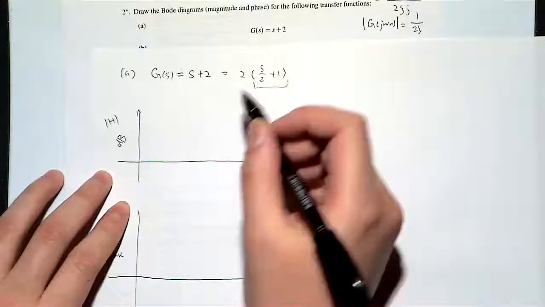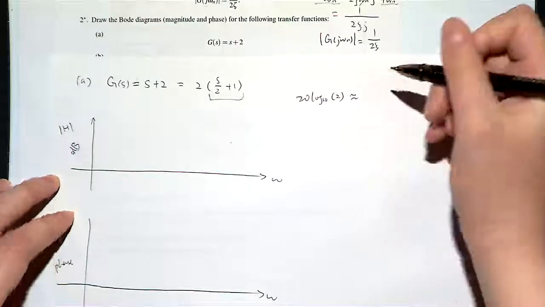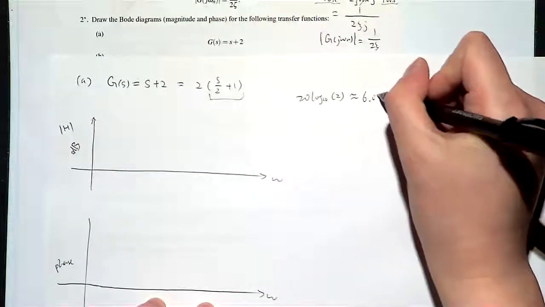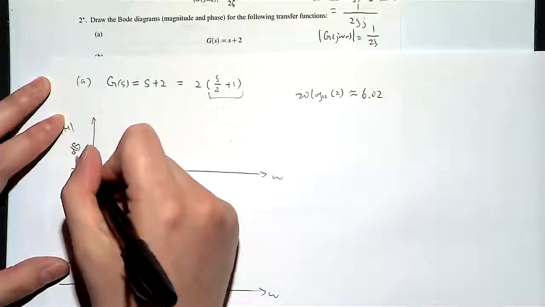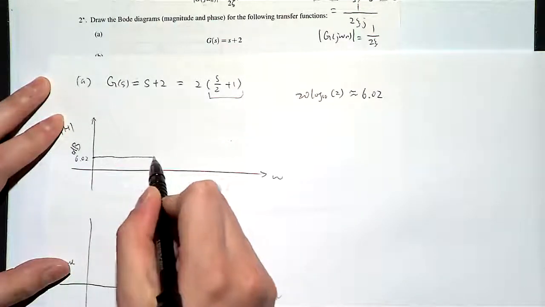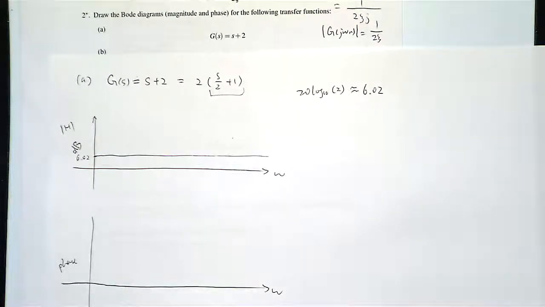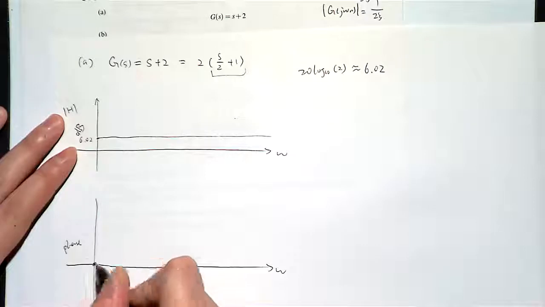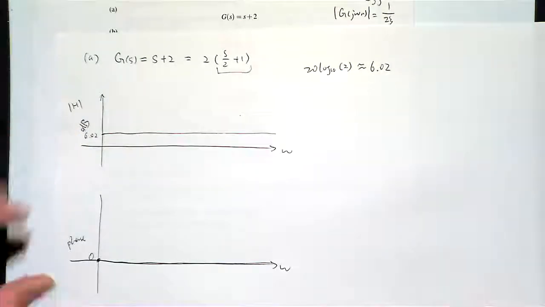All right. So you can calculate that 20 log base 10 of 2 is roughly 6.02, so you can find 6.02 somewhere and then draw a straight line, right? And how is a constant on a phase plot? 0, yes. For example, if this is 0, it's just along this line, right? Alright, so that's the constant 2.